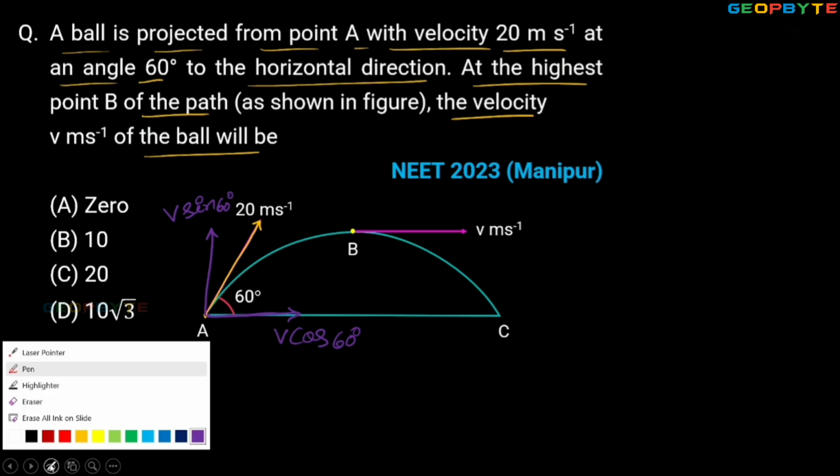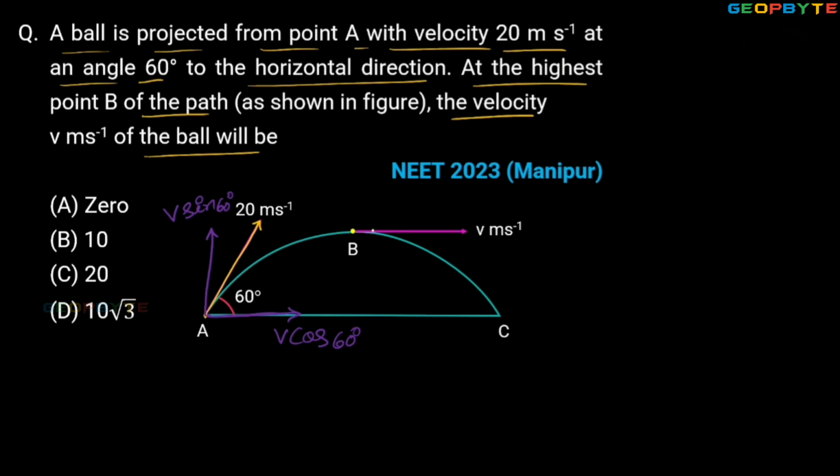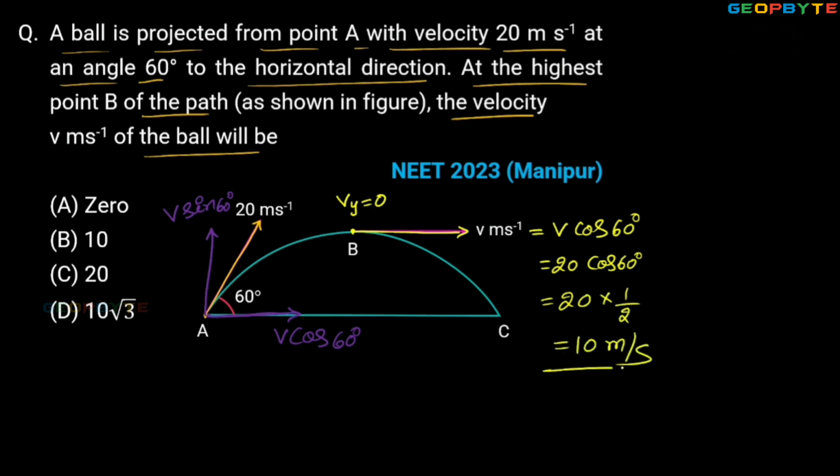That means at the topmost point also, it maintains the same horizontal component v cos 60, but at the point B, the vertical component of velocity vy equals 0. So initial velocity v is 20, cos 60 equals 1 by 2. It is equal to 20 multiplied by 1 by 2, equal to 10 meter per second.